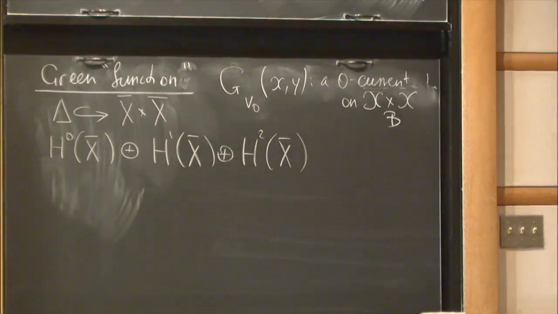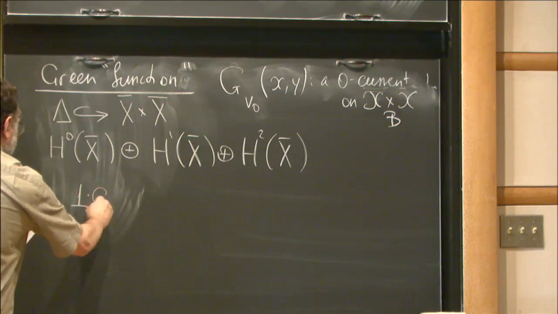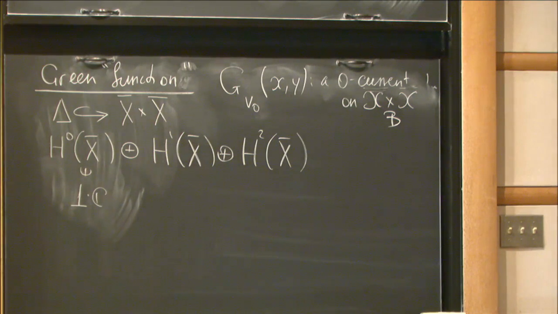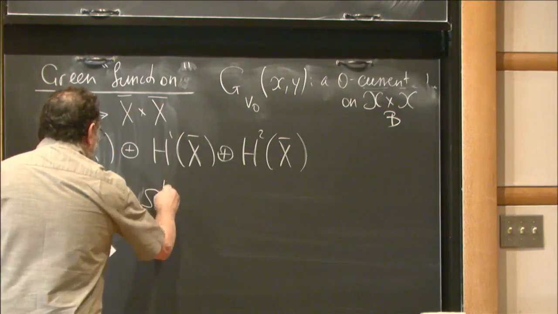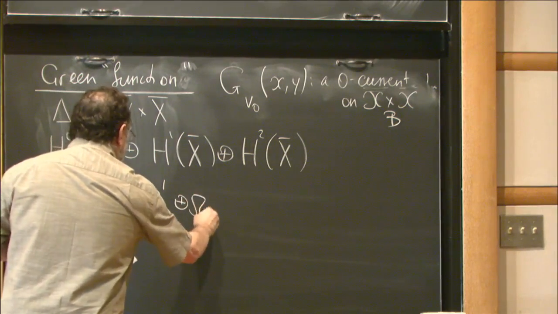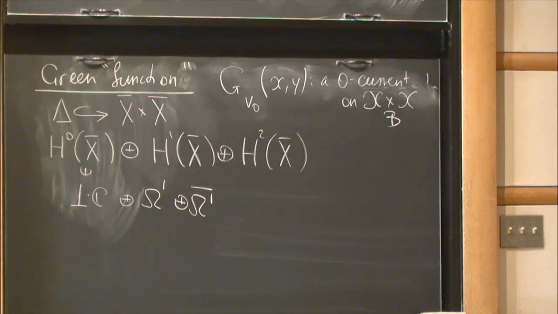And I am going to pick some natural representatives in these vector spaces. One of them is obvious. I can take 1 and multiply it by c if I want. This is the function which generates H0. For the others, I can take omega 1 plus omega 1 bar, and these are the forms which generate the cohomology groups.